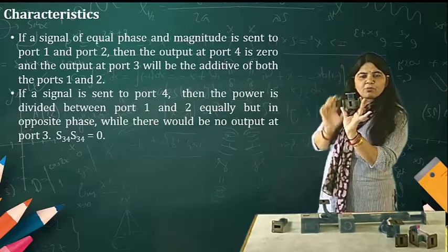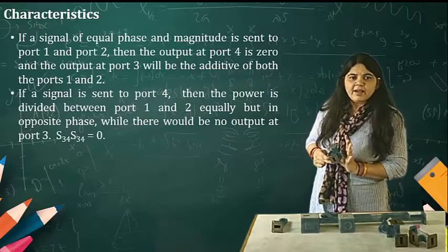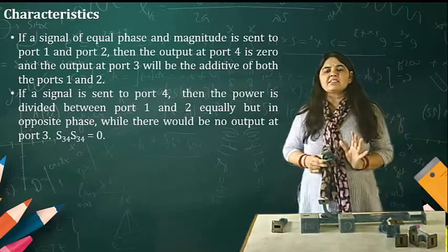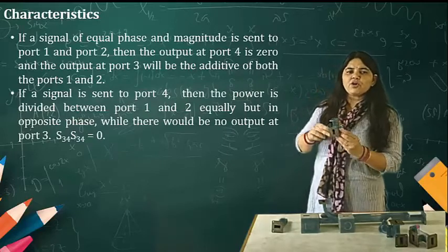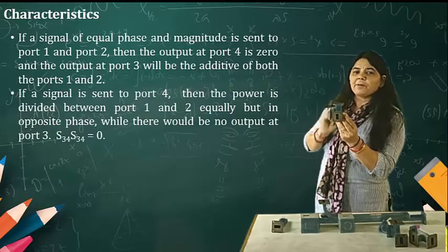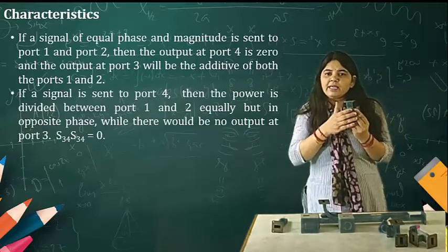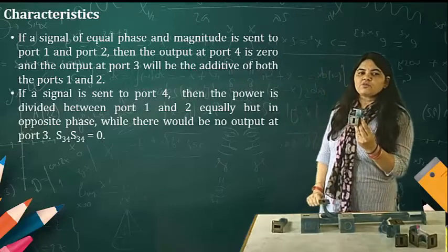So the output we are getting is additive from the H plane T. If the signal is sent to port number 4, the power is divided between port number 1 and port number 2 equally, but in opposite phase, and there is no output at the other port.